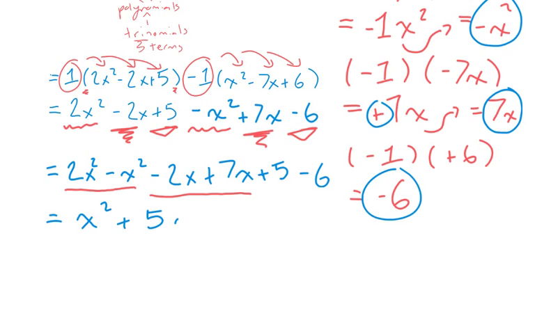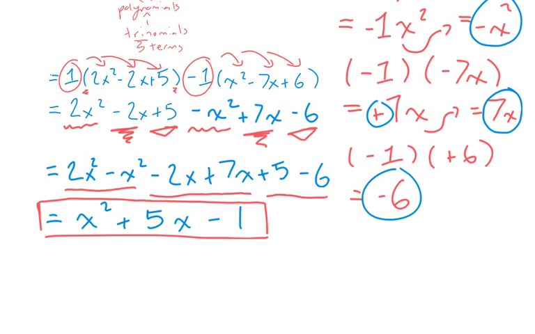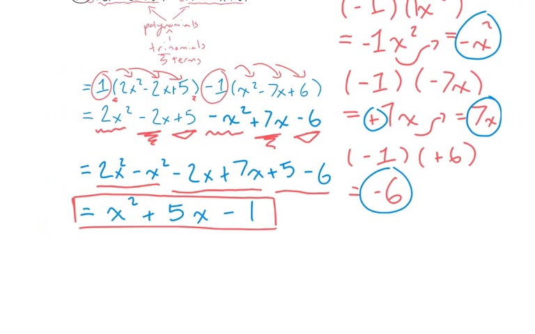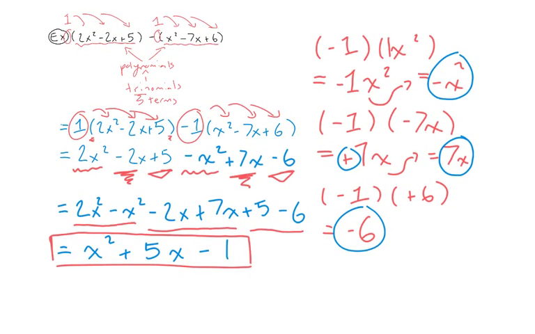You can use a number line if you're unsure how we got this answer. And last but not least, we're going to take +5 and subtract 6. And that will leave us with −1. Therefore, our final answer is x² + 5x − 1. Last but not least, I'm going to make all my work visible in this final image.